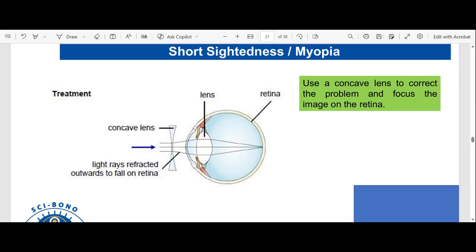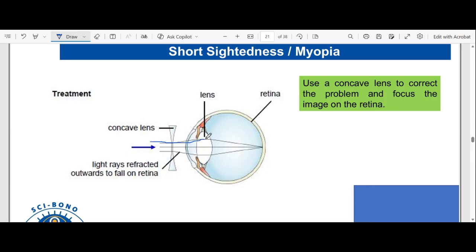So it's the opposite of convex. Concave lenses will extend light outwards. You see, they extend the light. Let me just draw this. So they extend the light outwards, right?